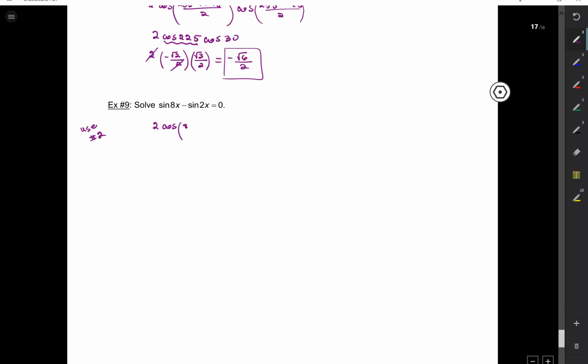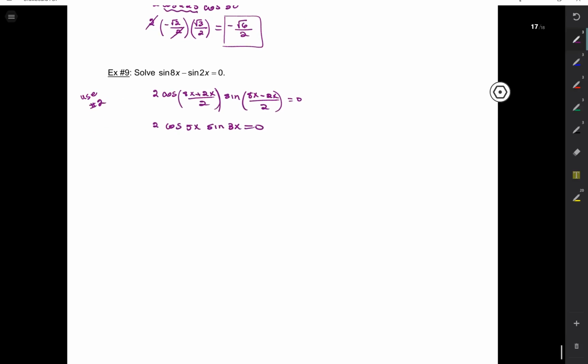Cosine of 8x plus 2x over 2. No. Times sine of, which means I have 2 cosine 5x and I have sine 3x equals 0.